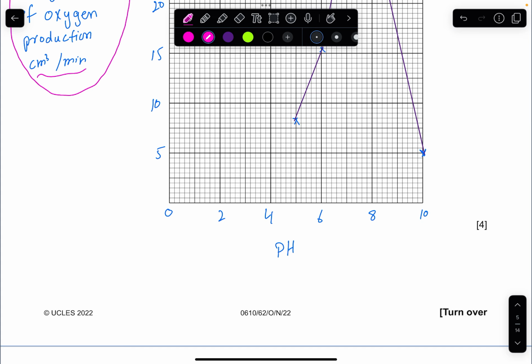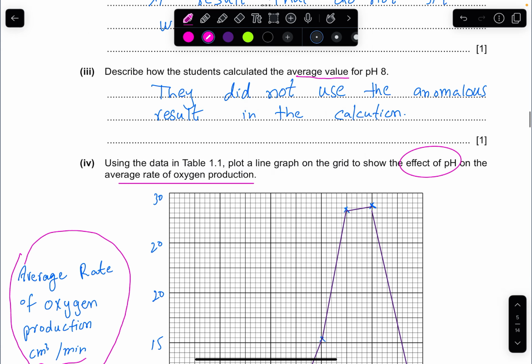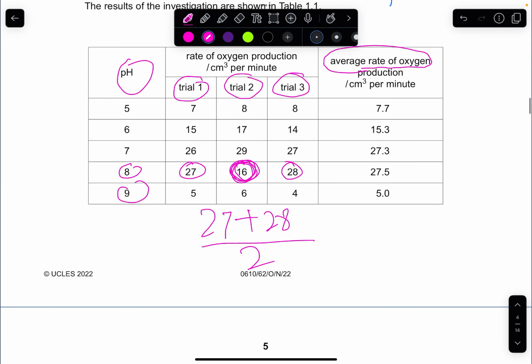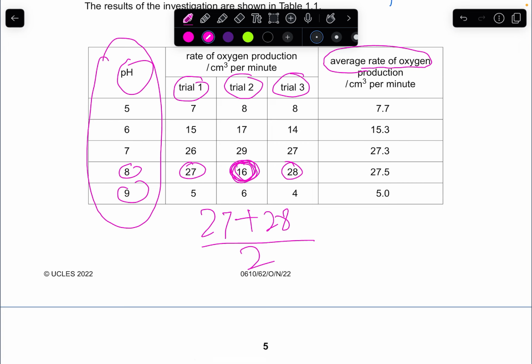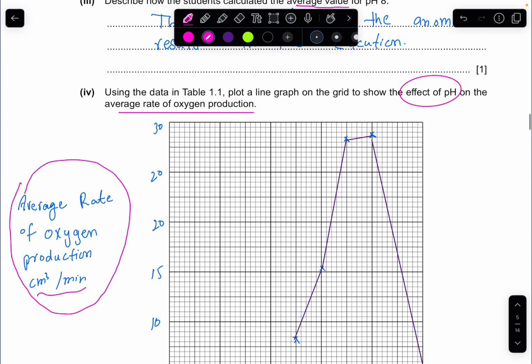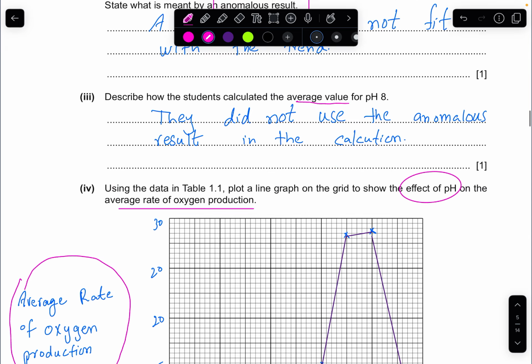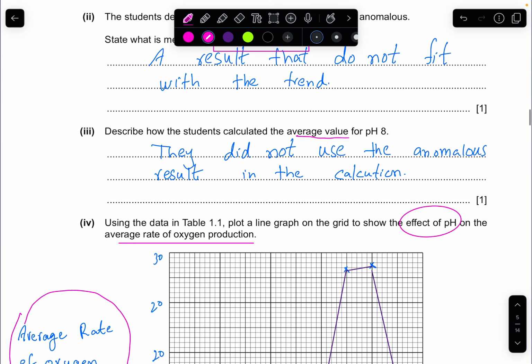And on the x-axis you can write the pH, and you can see that these two are important. pH on the x-axis, and the average rate of oxygen production on the y-axis.